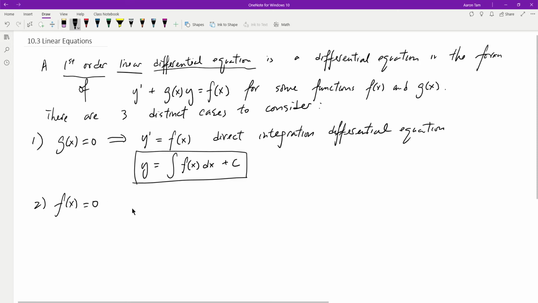If f of x is 0, this equation becomes what we call a homogeneous equation, because the equation is equal to 0. So it turns into y prime plus g of x y equal to 0, and this is a separable differential equation.